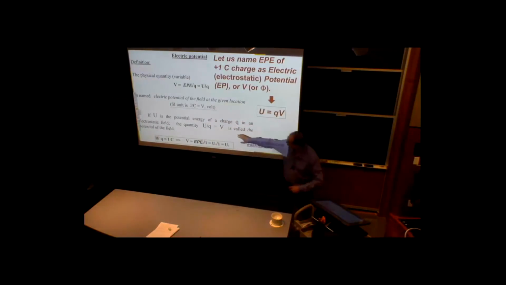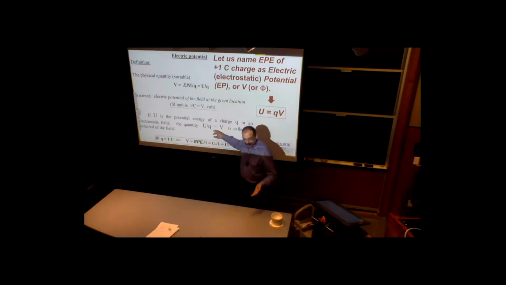But this is an official definition of electric potential. If we have a charge which is placed, not generated, in an electric field, and we know the energy of that charge, for example, we know how much work has been done to bring it here, the energy of that charge divided by the actual value of that charge, that's what we call electric potential of electric field at the location of the charge.